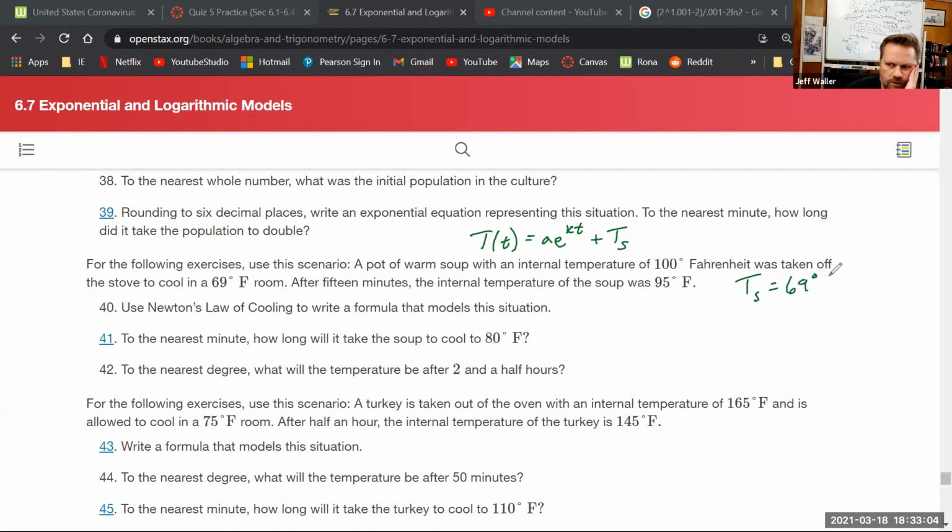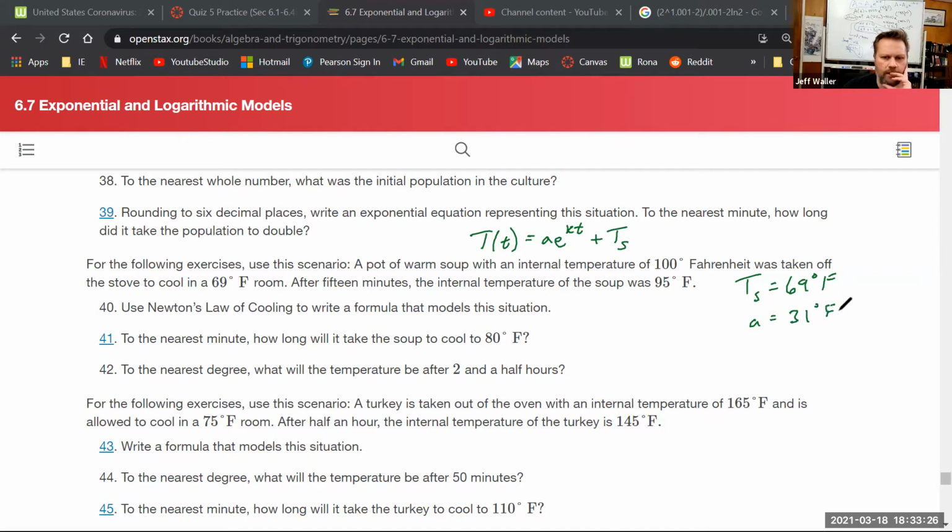What is A? A is the initial difference, 31.